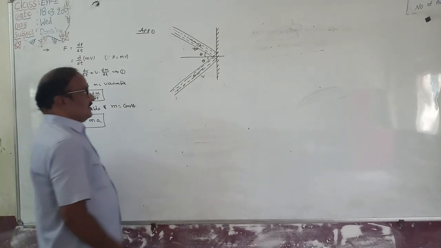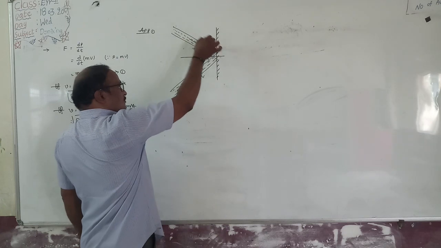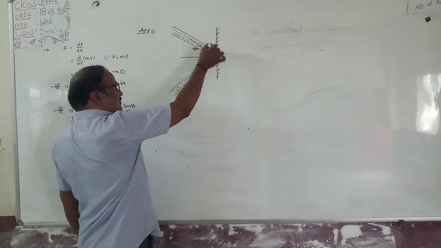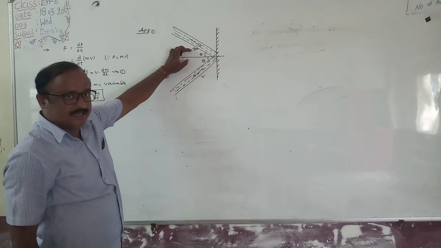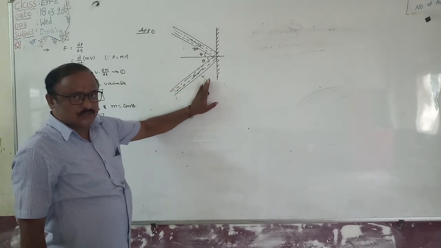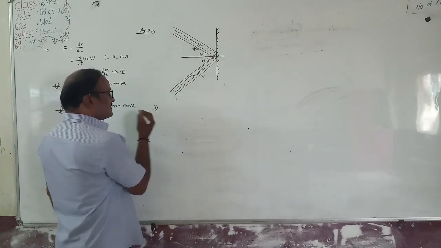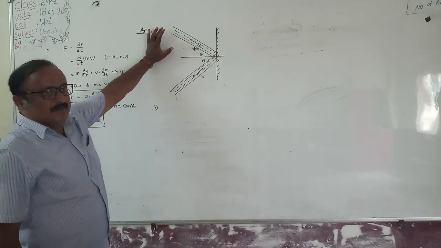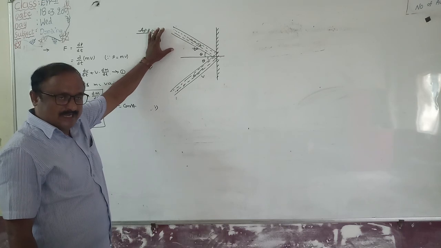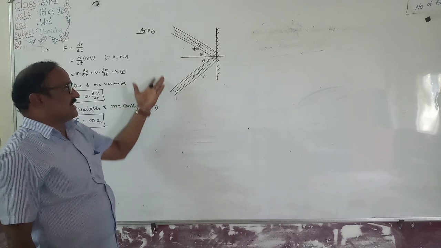Right? And here, the initial momentum of the water striking the wall is equal to m into v. The momentum of the reflected water is equal to m into v also. In the previous class, this momentum was resolved into two perpendicular components: one is the horizontal component, the second is the vertical component.